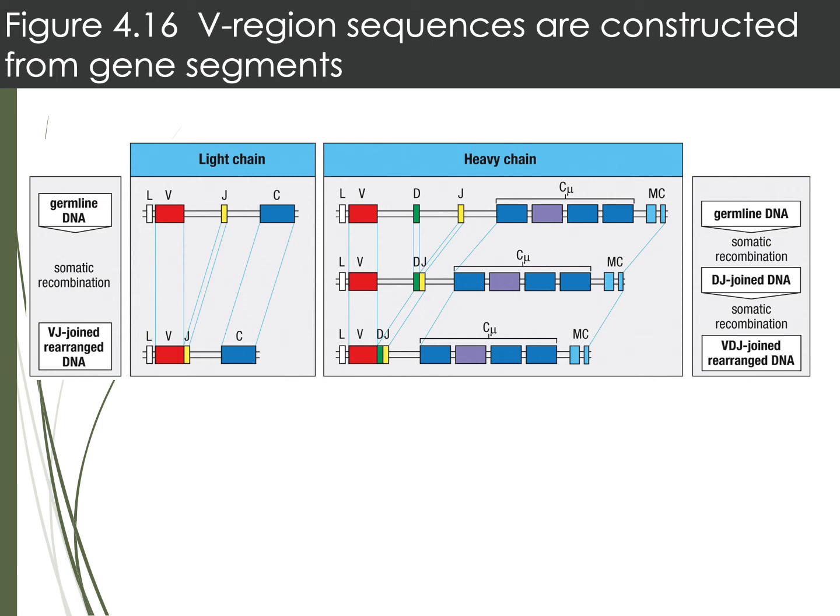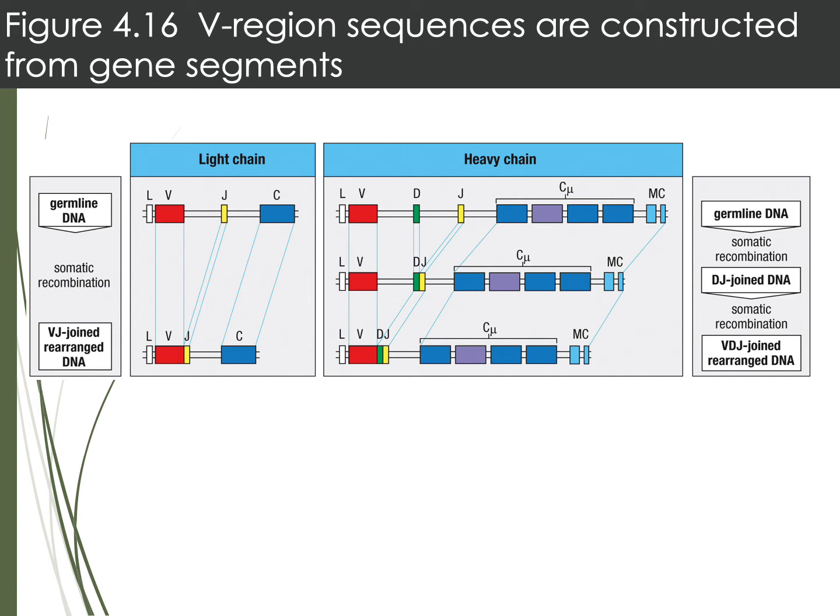When we're looking at the heavy chain, the D and J join together. You can see how the space between the green portion and the yellow portion has been removed. Then there's a second round where a variable is selected, and you can notice that the space between the red and the green disappears on that second round.